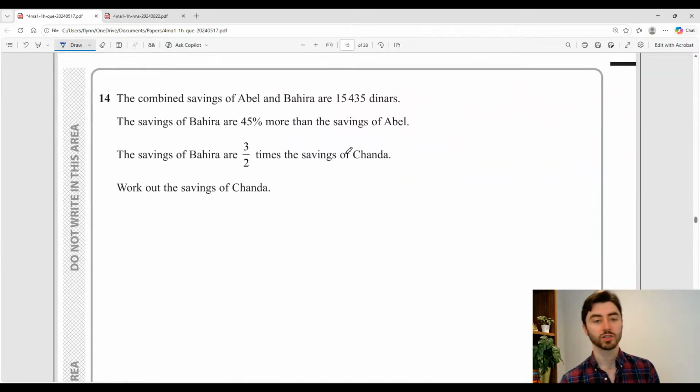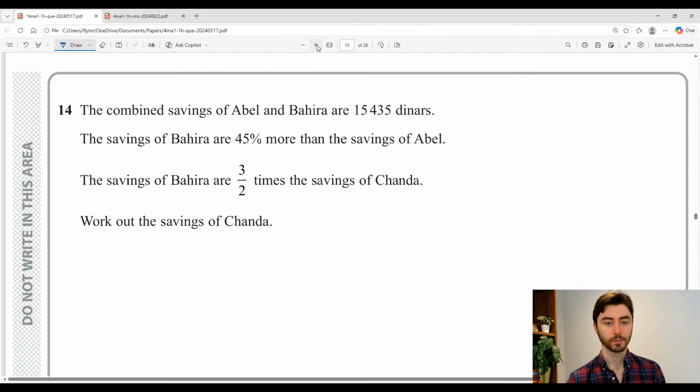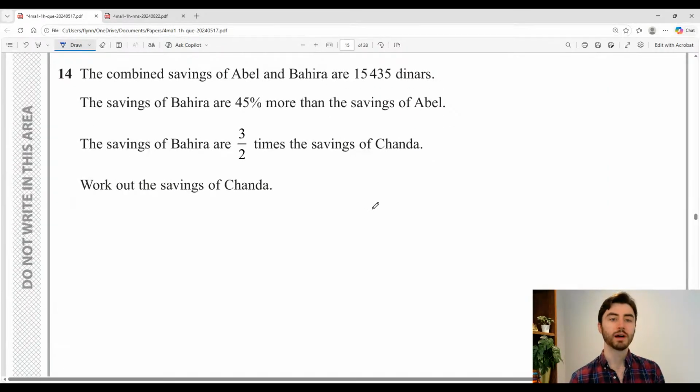So moving on to question 14. We have combined savings of 15,435. Bahira's are 45% more than Abel's. So we can work on that first.